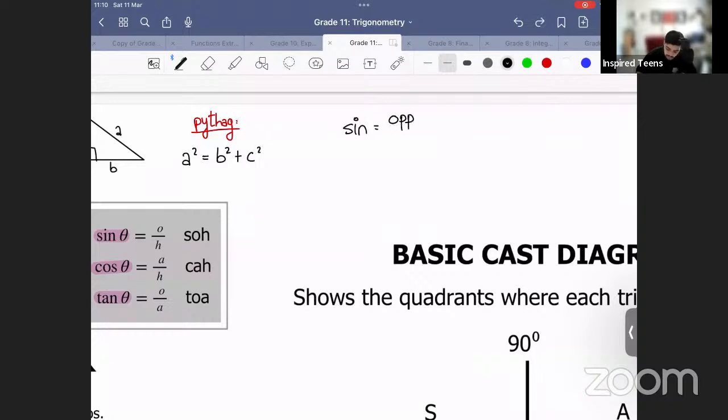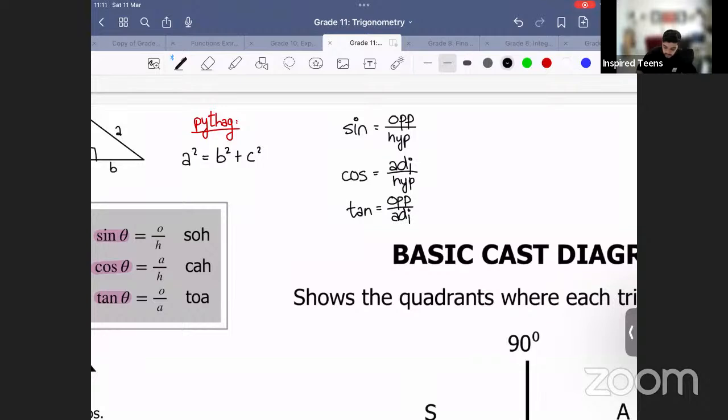You just need to memorize this. The sine of an angle is the ratio of the length of the opposite over the hypotenuse. Cos is the adjacent over the hypotenuse. Tangent is the opposite over the adjacent.